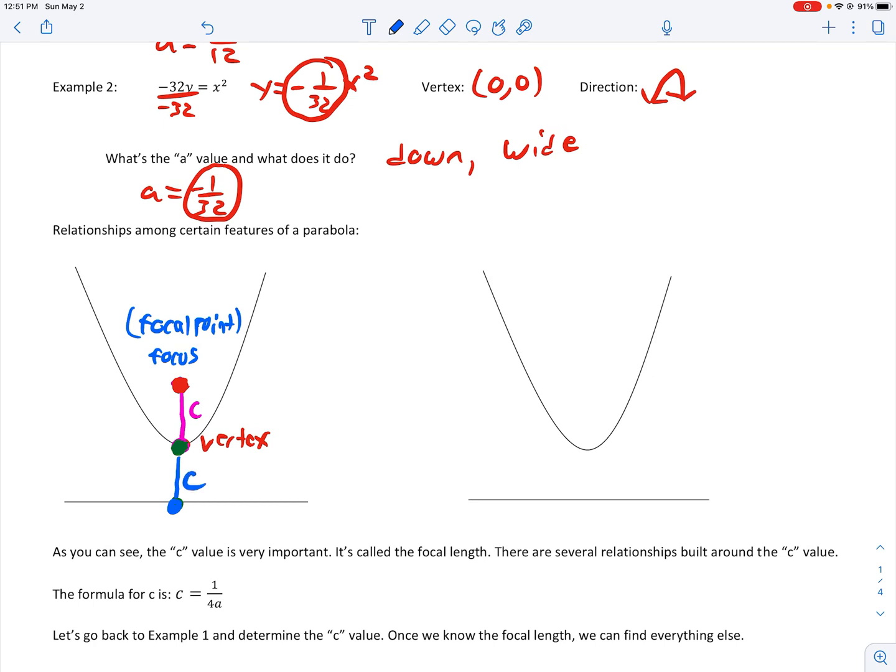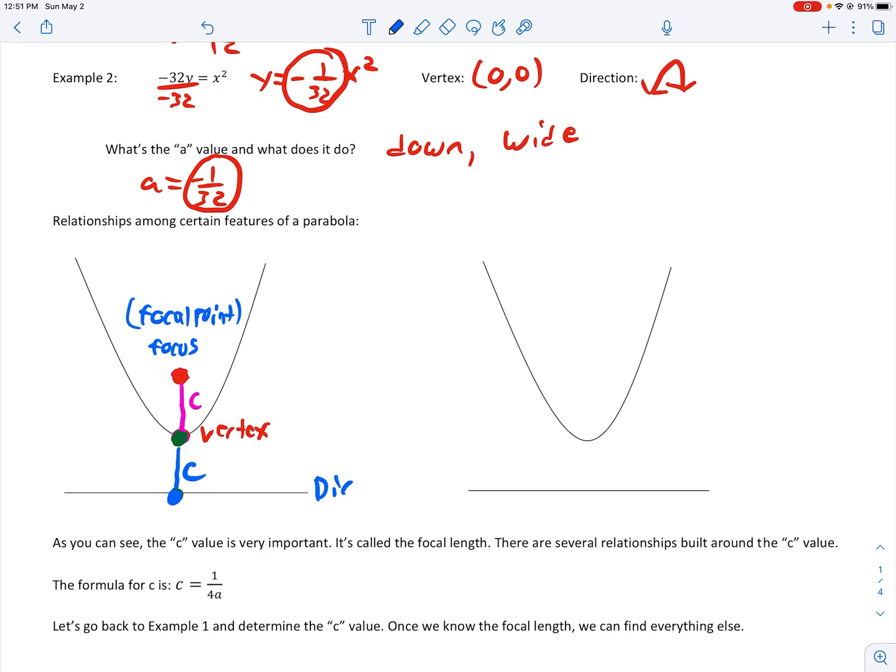This line has a special name. It's called the directrix. So we have the vertex, which is not new; the focus, the focal point, which is inside the parabola; and the directrix. That focus is the given point I was talking about, and the directrix is the given line.